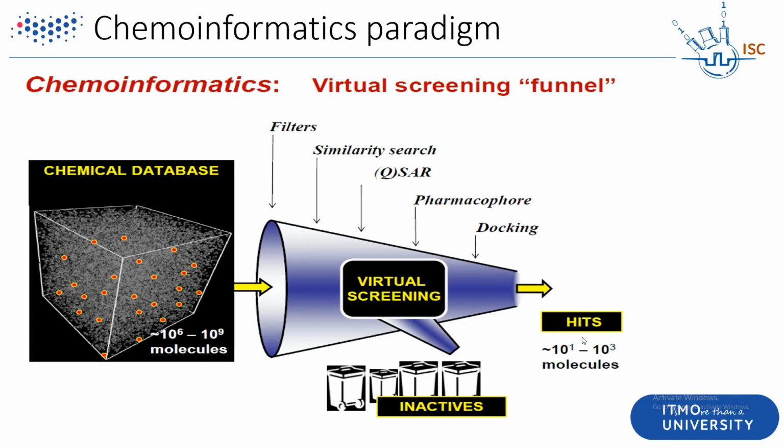The PGP and BCRP transporters are from the same family of transporters, which would expel the substance from the cell, therefore reducing the concentration of the drug within the cell.